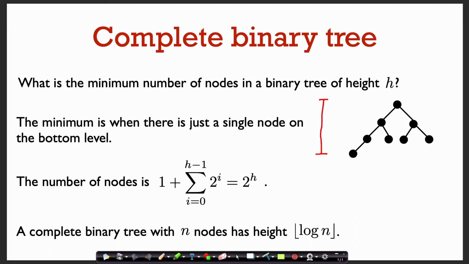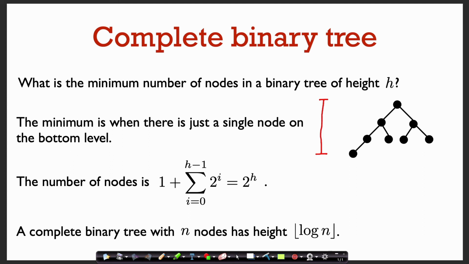Okay, so let's say that we have a complete binary tree of height h. How many nodes is that tree going to have? Okay, in particular, what is the least number of nodes that that tree can have? Okay, so let's just look at these levels here.